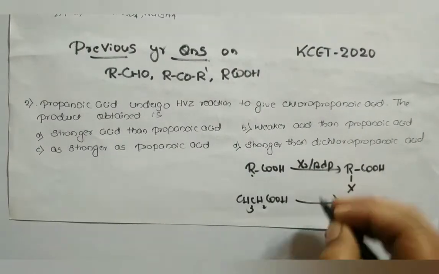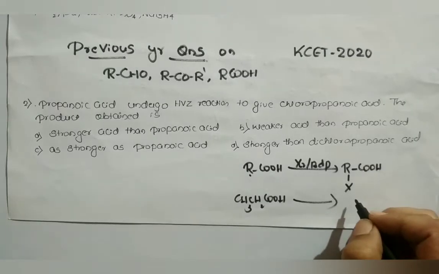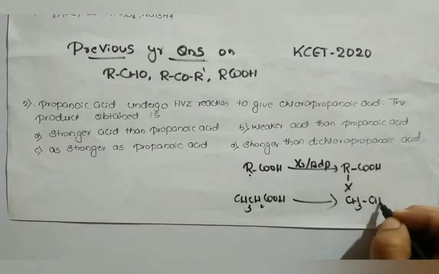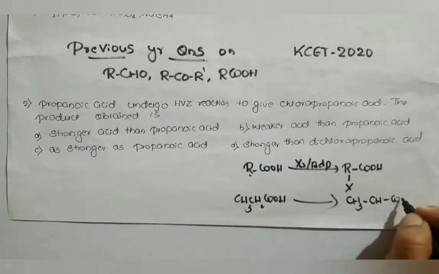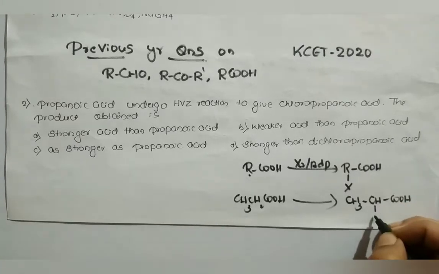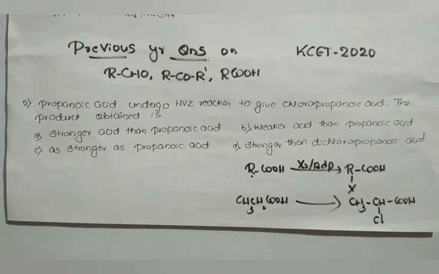When it undergoes HVZ, they have told that the product is chloropropanoic acid, that is, CH3 with the alpha halo substituent, so the product is CH3CHCl-COOH, where the chlorine is substituted over here. This is the product.